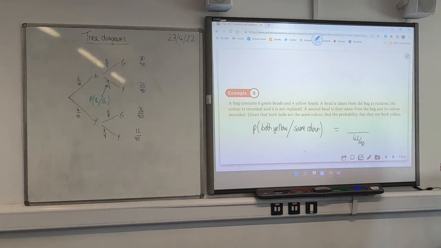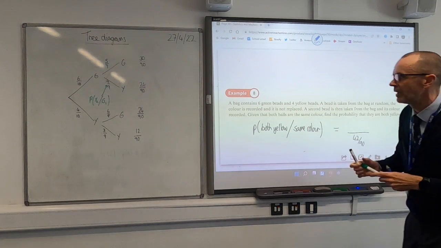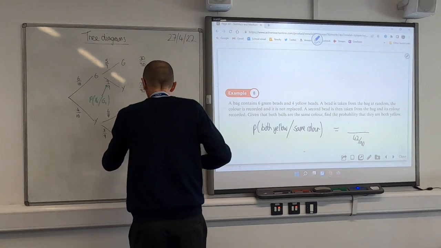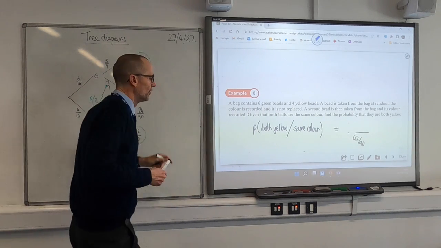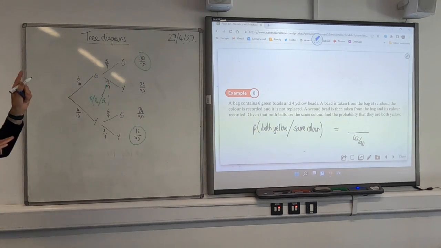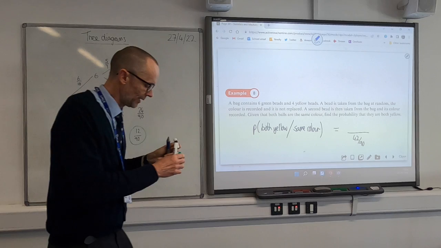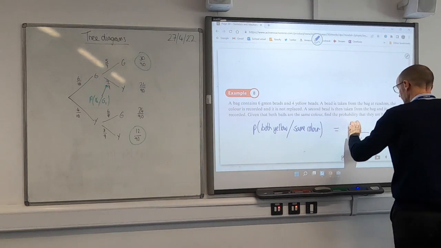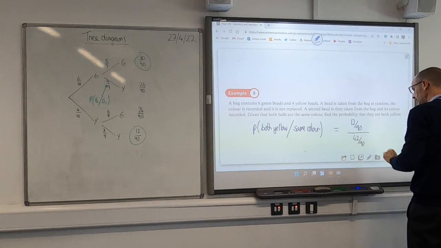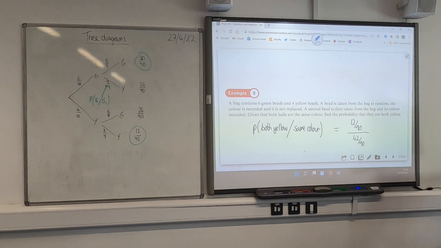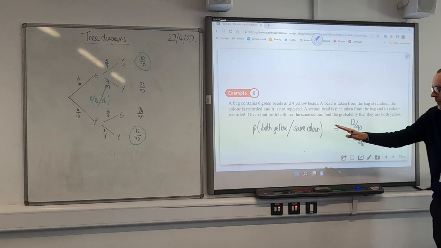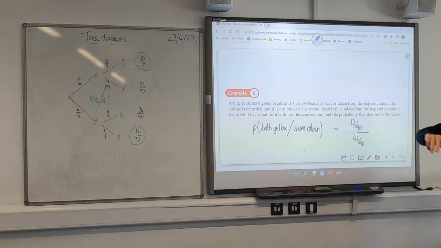Now, of that, so let's highlight the two. So this is the probability that they're both the same colour. Of that probability, which part of it is down to both yellow? Well, that's this one, isn't it? So this is, like in the Venn diagram, what's the probability you get the same colour? 42 out of 90.